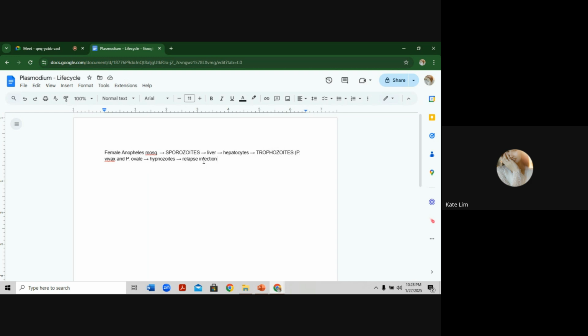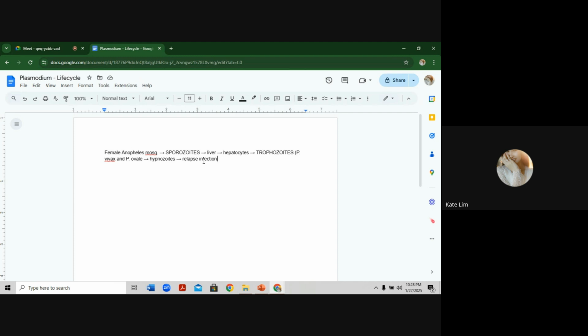This is particularly dangerous because it means the person who has recovered from a malaria infection can experience the infection again. This is what we call a relapse. It could happen in months or even years.